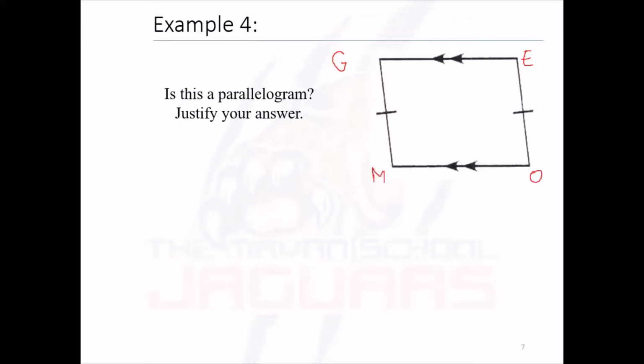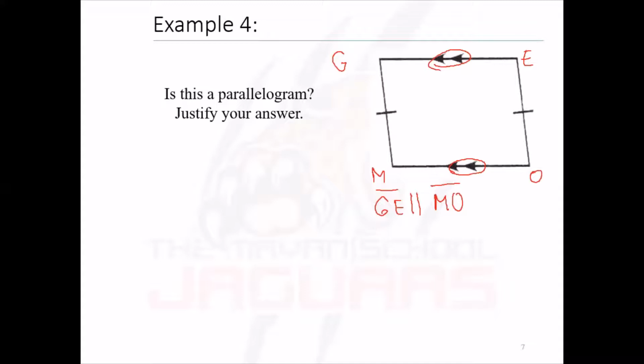And let me see what I have in here. I have that the segment GE is parallel to the segment MO. How do I know it? Because of these markings over here. Those arrowheads are telling me that these two sides are parallel. And see that I don't know they are congruent, that is only parallel.